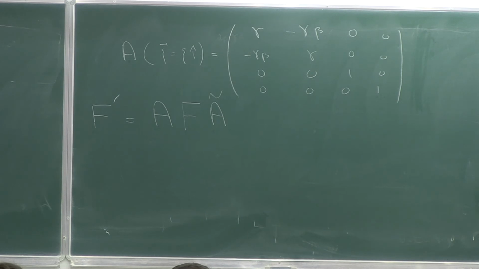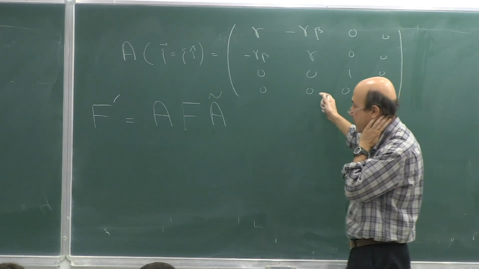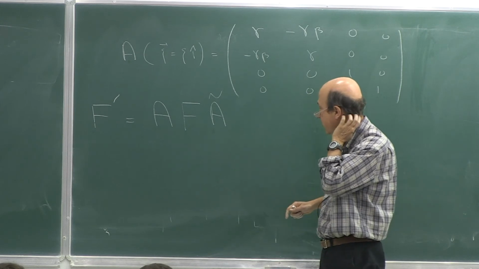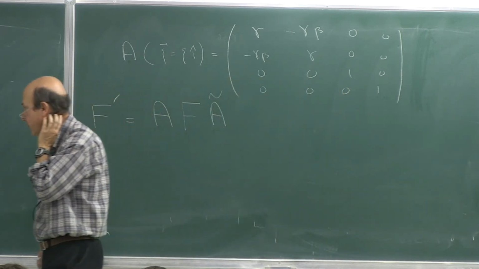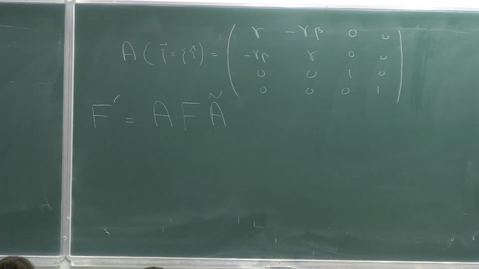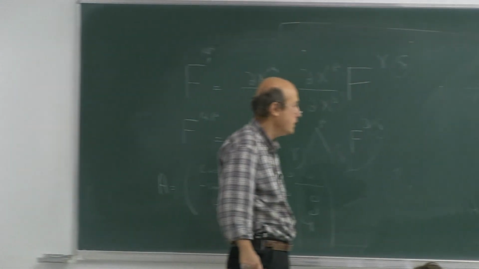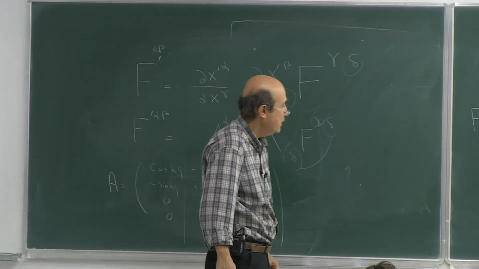So next time I will study the transformation of the electromagnetic fields using the boost matrix in one dimension, and I will study it in terms of matrix presentation. Instead of working with the indices, I will do this calculation in the matrix presentation.